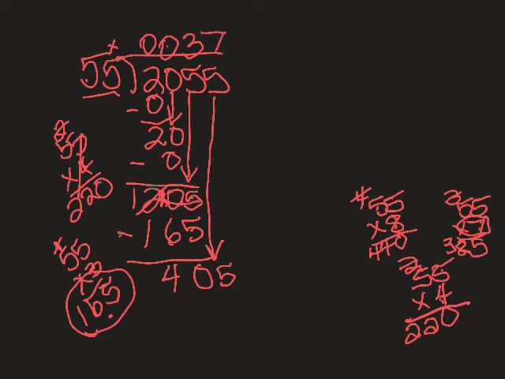Okay, I put my 7 at the top. I know that 7 times 55 is 385. So now I can subtract. 5 minus 5 is 0. I can't go 0 minus 8 because 0 is smaller.